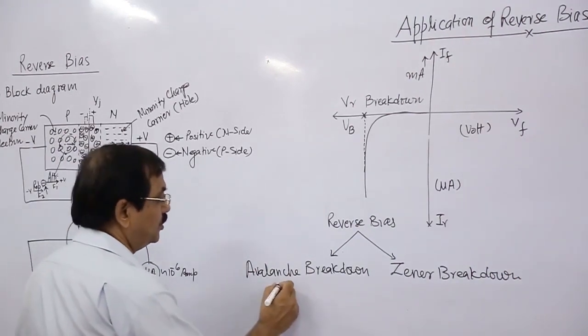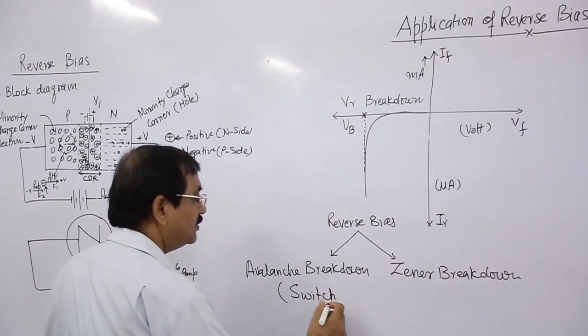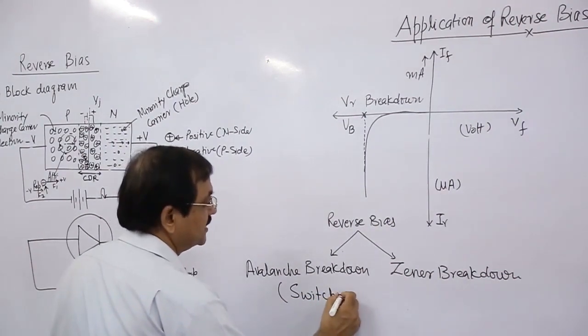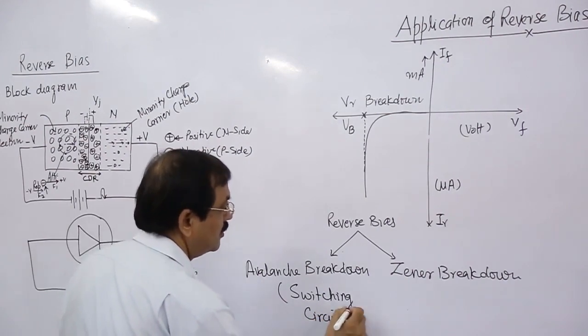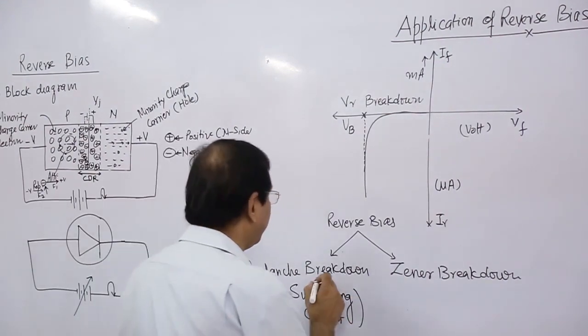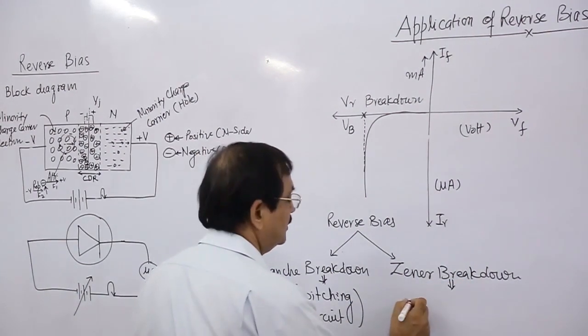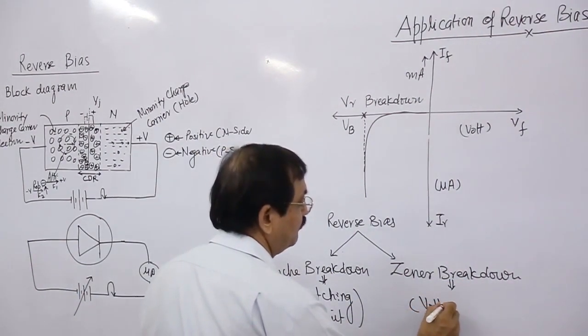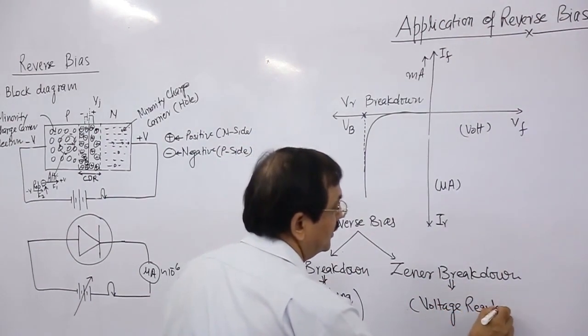Avalanche breakdown is used as a switching circuit, while Zener breakdown is used for voltage regulation.